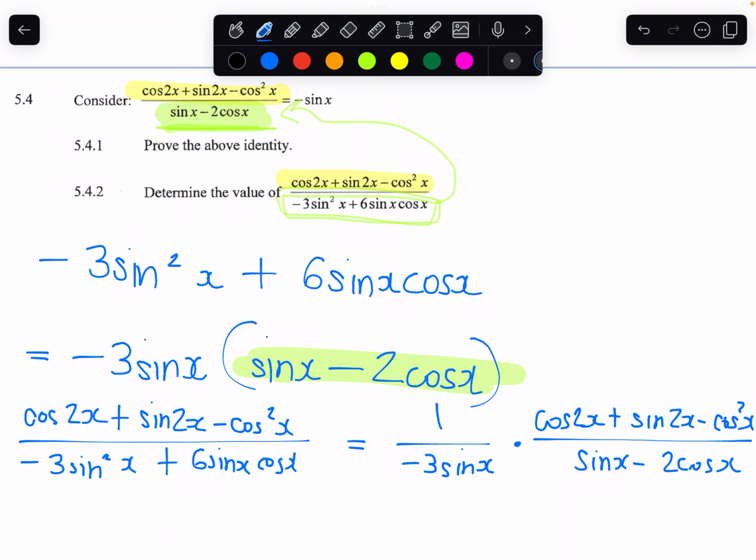In other words, the top is staying the same, so it's just times by 1, but the bottom gets multiplied by negative 3 sine x to get this expression instead.